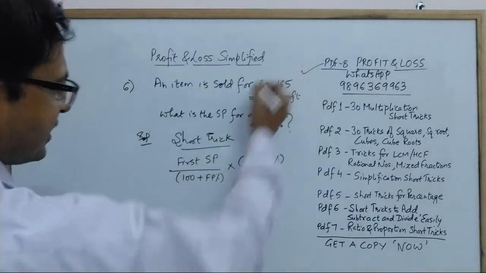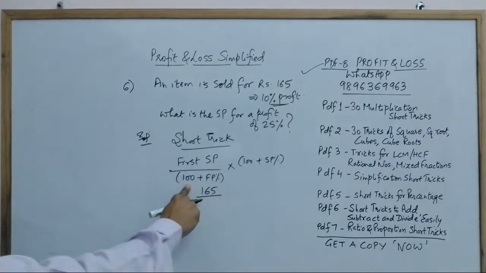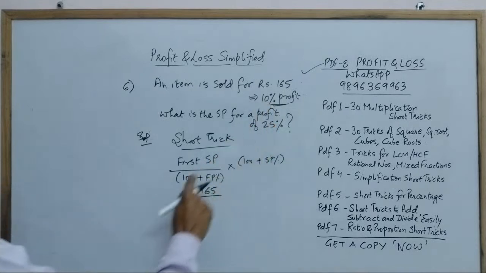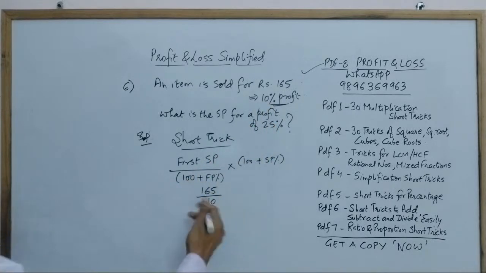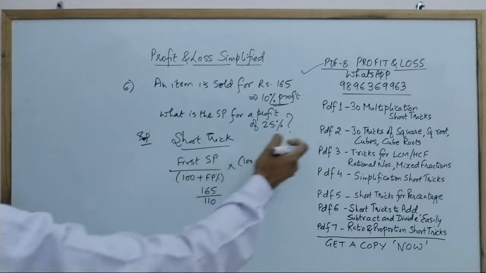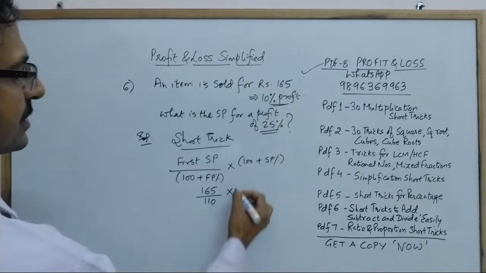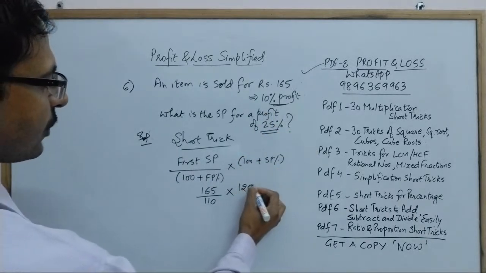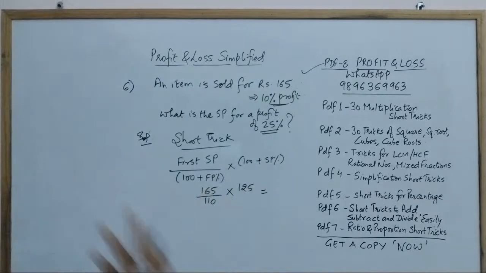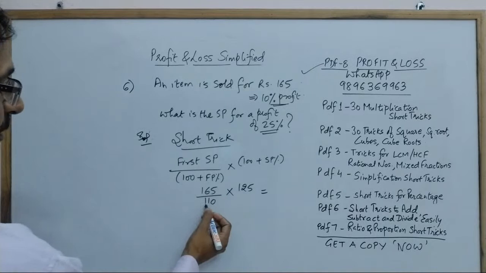Now the first selling price here is 165 divided by 100 plus first profit, which is 10%, so 100 plus 10 becomes 110. I don't want to write the percentage sign here because we have the percentage sign here also, that will get cancelled in the numerator and denominator. And now the second profit is 25%, so 100 plus 25 is 125. Now this is the simplest calculation you need to do to get to the answer, and I'm sure the answer is there in the next step itself, because 165 is exactly divisible by 11.